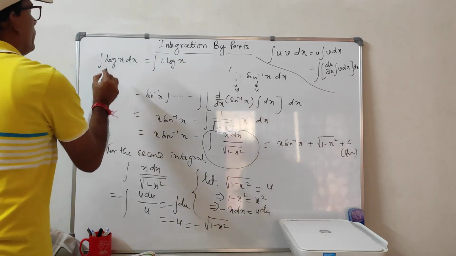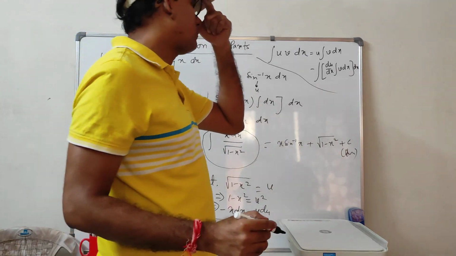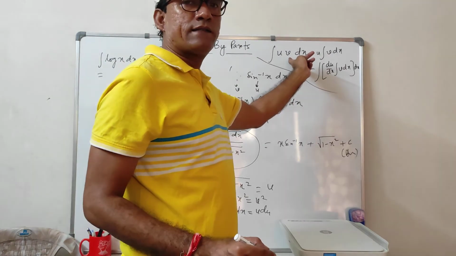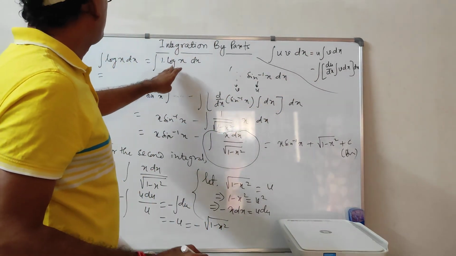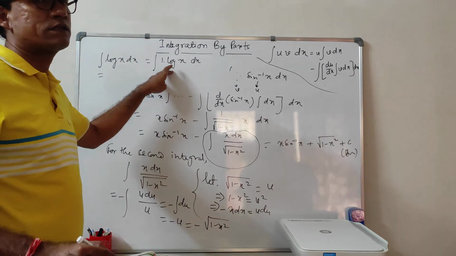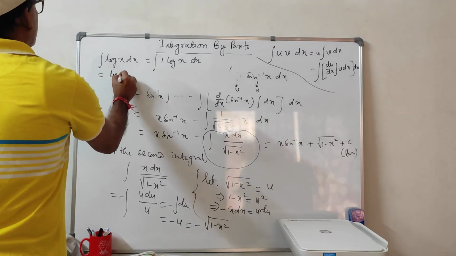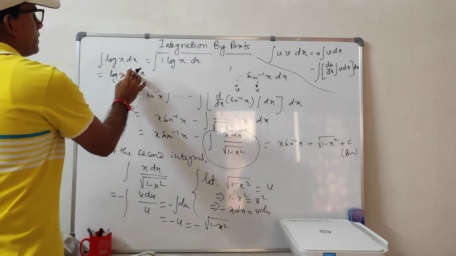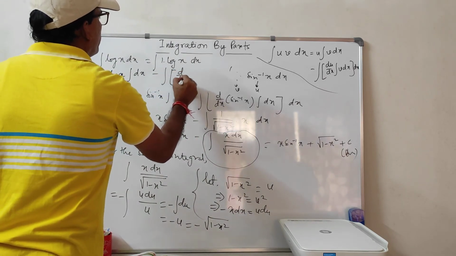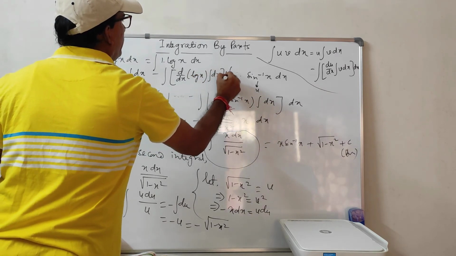Take log x as the first function, because you have to integrate the function which you take as second, and we cannot integrate log x. So we must take log x as the first function. So log x integration 1 dx, we do not write 1, minus integration d/dx of log x integration dx, whole dx.